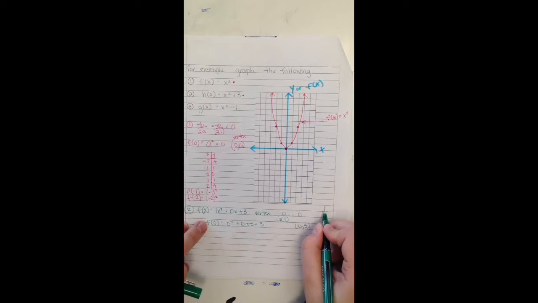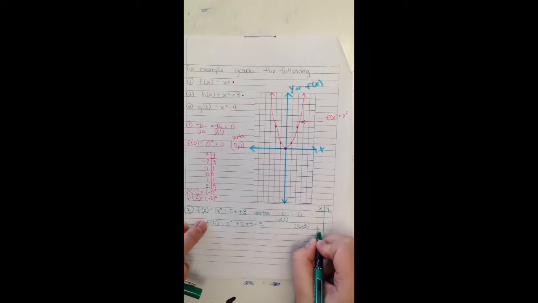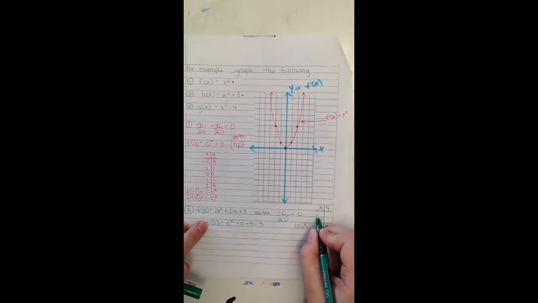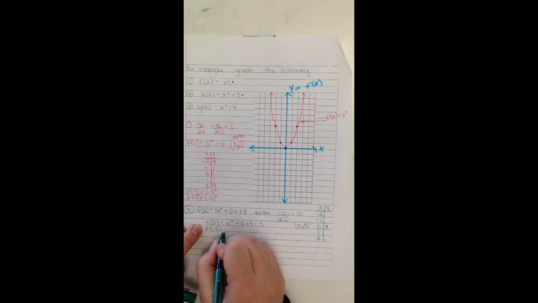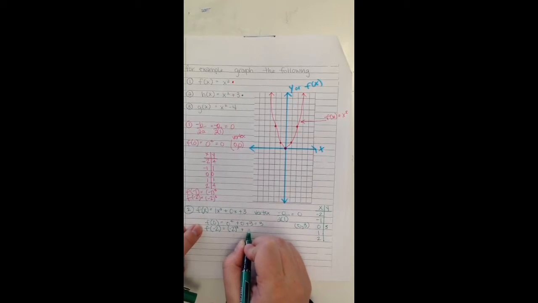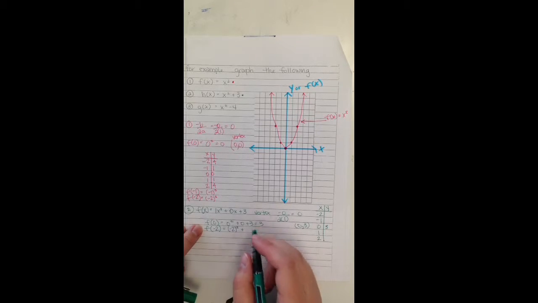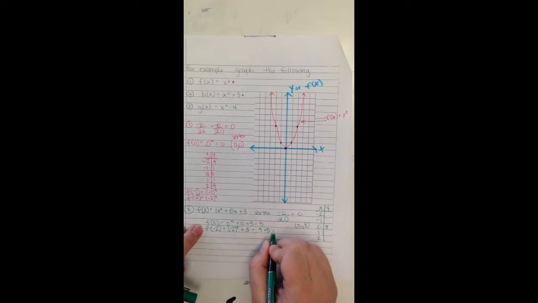Then I'm going to make a t-chart. And I get 0, 3. I'm going to go 2 to the left and 2 to the right. So I get negative 1, negative 2, 1, 2. And I'll start plugging them in. If I have f of negative 2, I get negative 2 squared plus 3. So negative 2 squared gives me 4, plus 3 gives me 7.